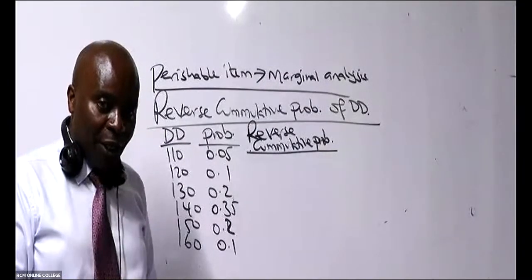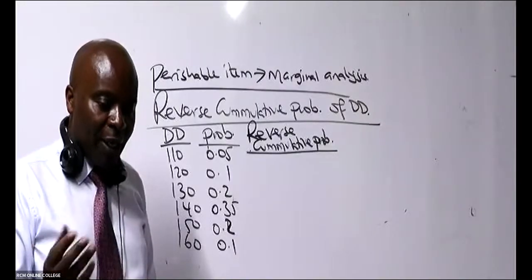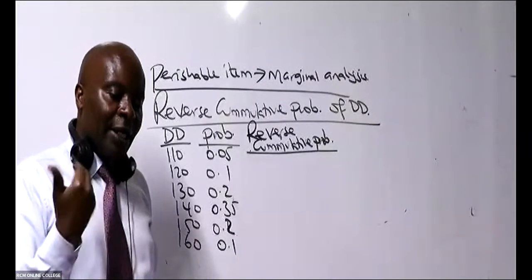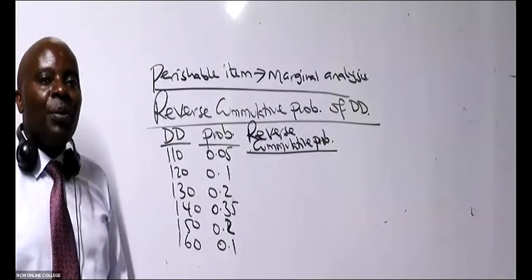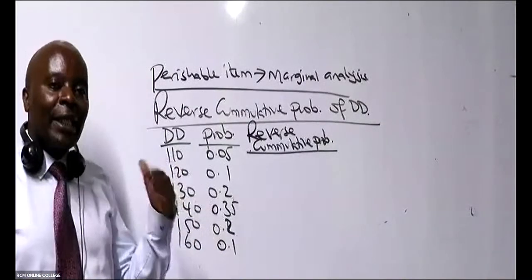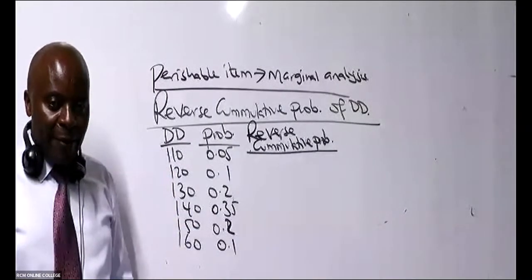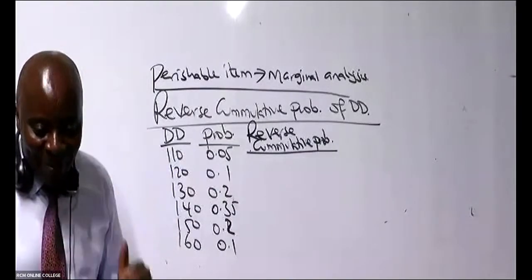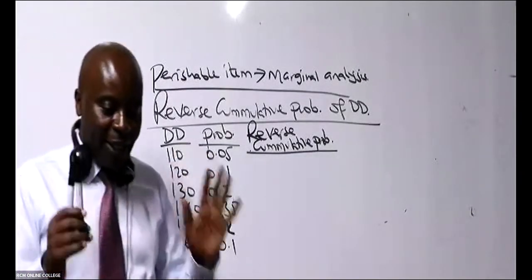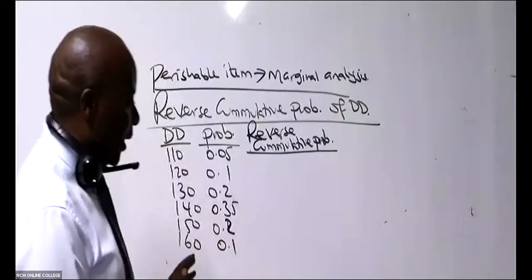If you're selling fish today, and the fish will be perishing, success for us will be to sell everything. Success for us will be to have demand being higher than the supply. We would rather disappoint people and get our money in the pocket.